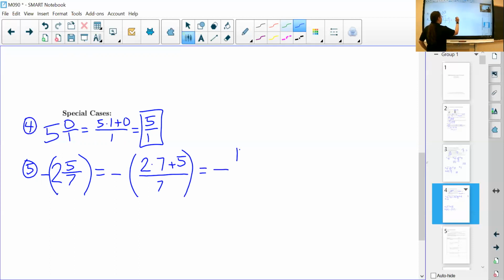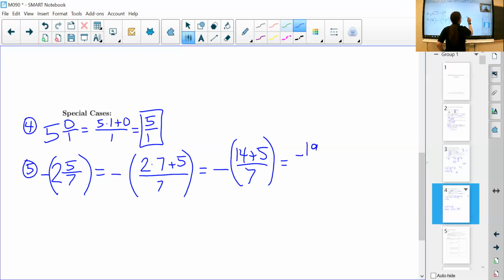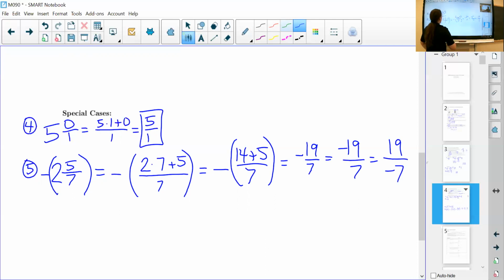It's -(14 plus 5) over 7. Notice that we've got these parentheses around this whole piece, which means this is -19/7. Now, -19/7 can be written that way, it can be written that way, it can be written even this way. These all mean the same thing. However we do it, this is our answer, -19/7.